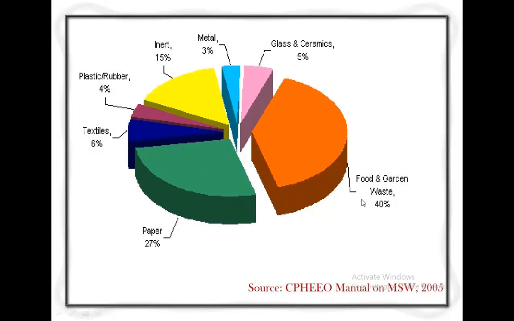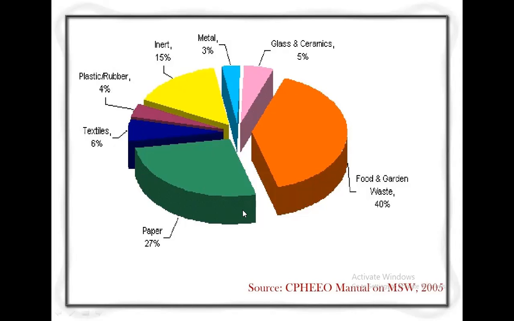Red color shows the food and garden waste 40%. Green color shows the paper waste 27%. Purple color shows textile or clothes 6%. This color indicates plastic and rubber 4%. Yellow color indicates inert materials. This color indicates metal 3%. Glass and ceramics 5%. This is the distribution of the waste.